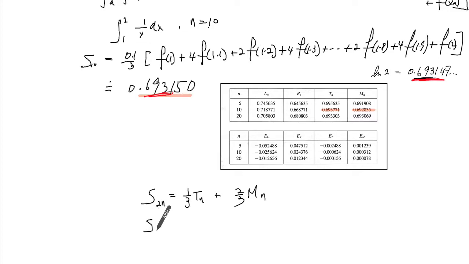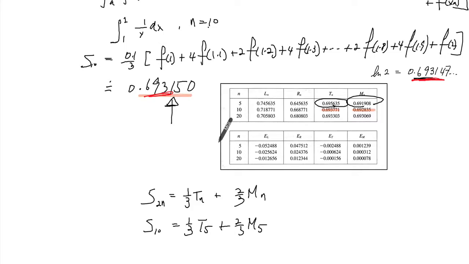So for example, S10, what we found here, if you take 1/3 of T5 and 2/3 of M5, so 1/3 of this and 2/3 of this will give you this. Okay, try it out.